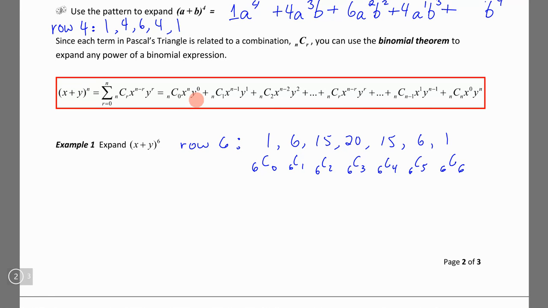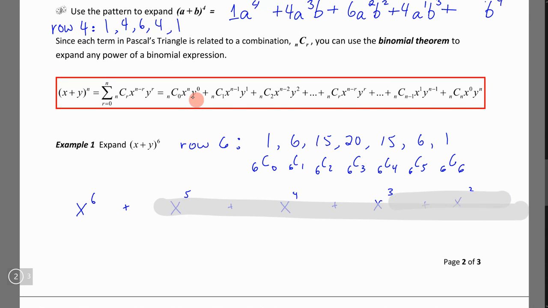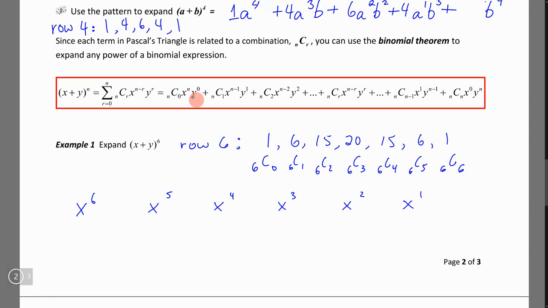Okay, and after you have those coefficients, you can now expand your binomial. Follow the pattern. Start with the first one, x to the power 6, plus x to the power 5, plus x to the power 4, plus x to the power of 3, plus x to the power of 2. I should have left some more room here, so let's just rewrite this: x to the 6, x5, x4, x3, x2, x1, and x0.